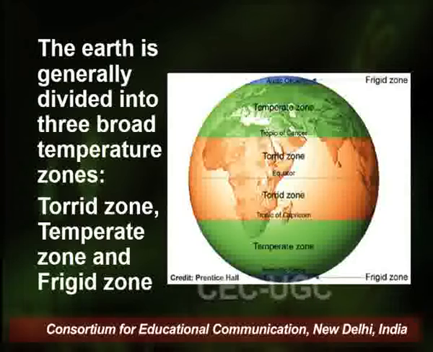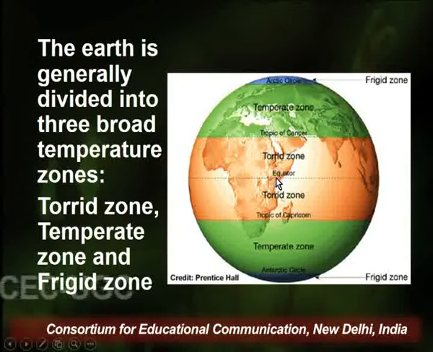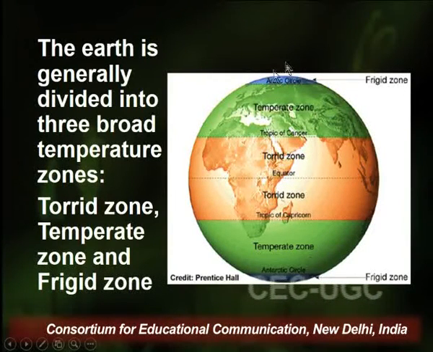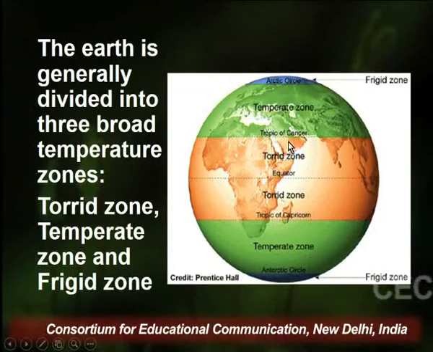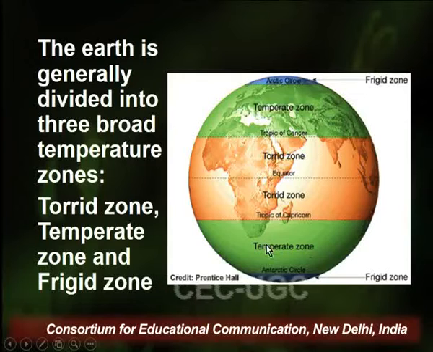Now, in this slide, you can see that Earth is generally divided into three broad temperature zones. You can see the torrid zone, the temperate zone and the frigid zone, which is at the poles. Now, the torrid zone is near the equator, then comes the temperate zone, which is in the middle latitudes, and the frigid zone near the poles.